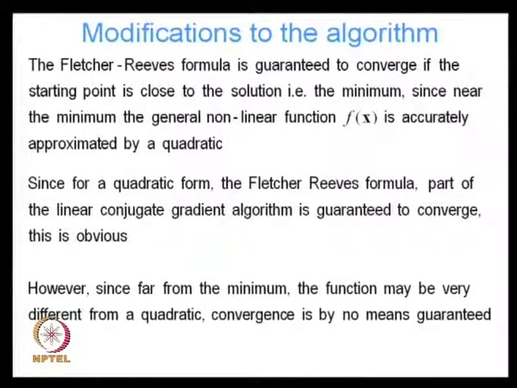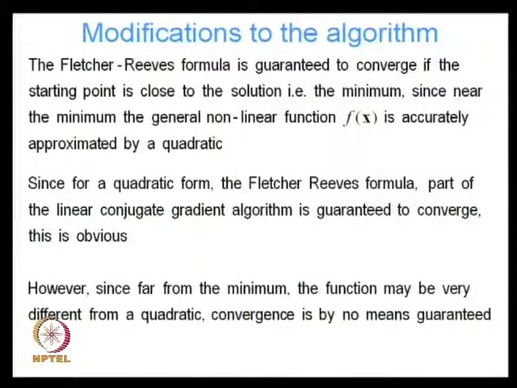Now, when is the Fletcher-Reeves formula going to work best? It is going to work best near the solution. Why? Because near the solution, whatever my nonlinear function is, it is going to behave pretty much like a quadratic. When it becomes a quadratic, my linear conjugate gradient applies exactly.